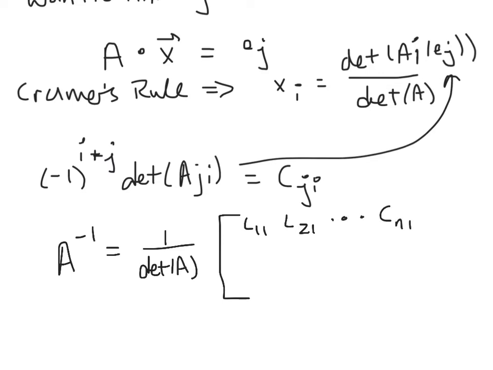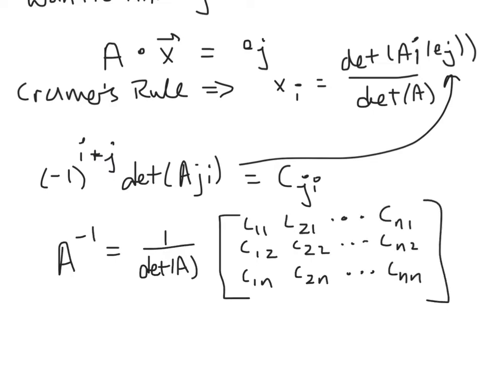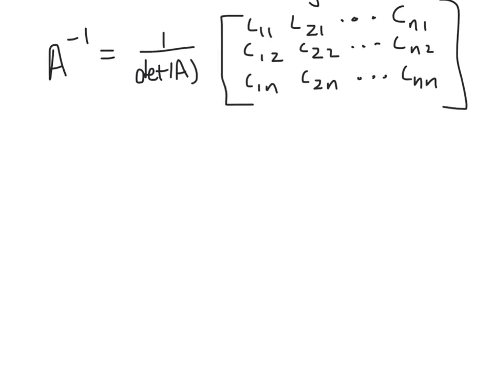You see that the notation for the row and the column have been flipped. And so what you find is that you can calculate a bunch of determinants and get a formula for the inverse. And we call this matrix on the right the adjugate.